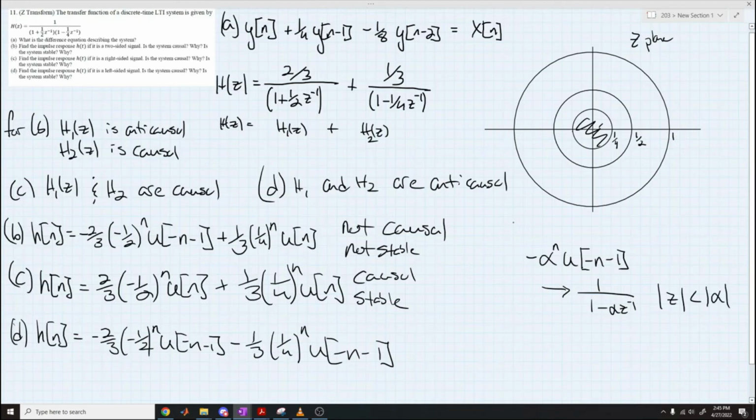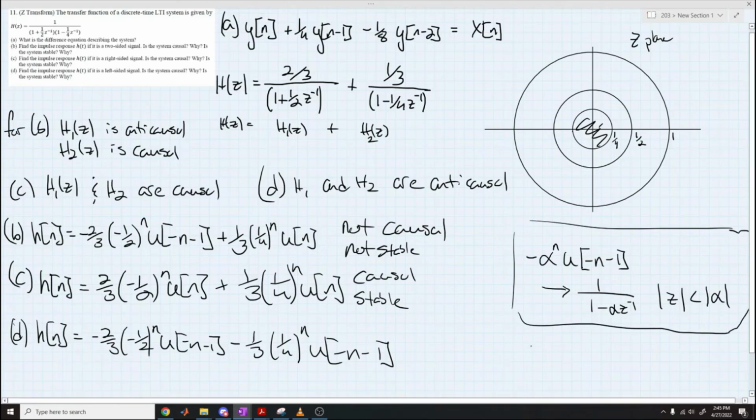I probably should have done this at the beginning of the video, I apologize. If we have a signal alpha to the n u of n, that gives us a z transform that looks exactly the same. The only difference is that the region of convergence is flipped, meaning that the magnitude of z has to be greater than alpha.